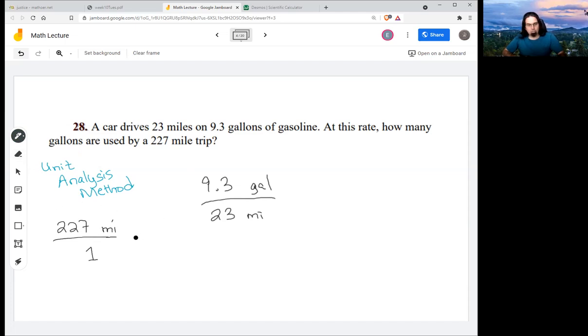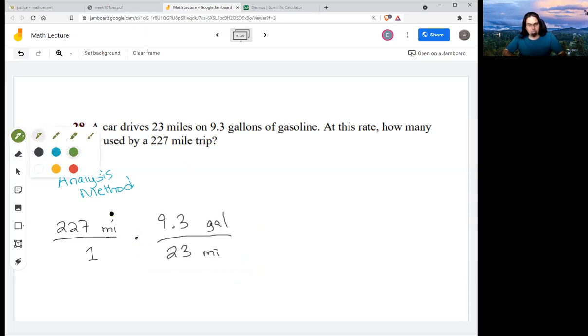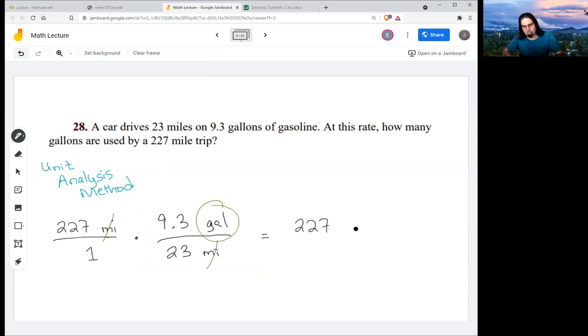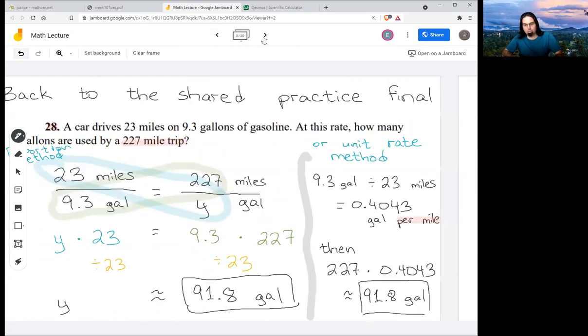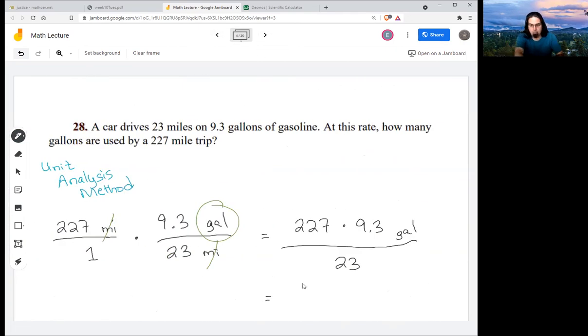And then I'm going to have to multiply it by something to get rid of the miles. And that puts gallons on the top like I want. Gallons is the only label left, and I will get the same thing, that 91.8.